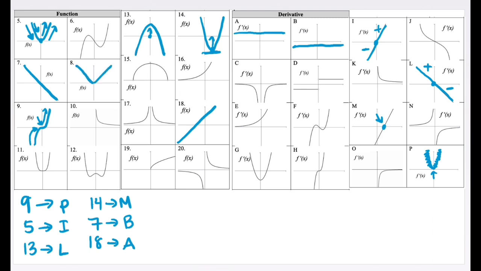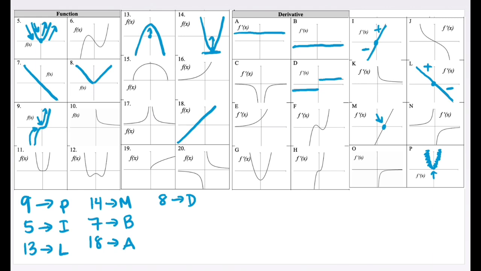So this one's going to look like a piecewise function. So 8 is actually going to match up with D because it has a negative slope and then it has a positive slope. So those are kind of the more obvious ones, a little bit easier to navigate through.